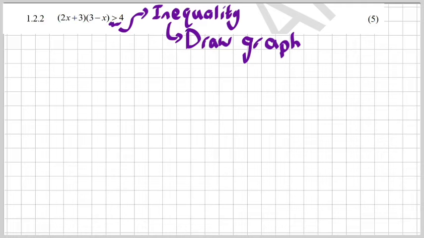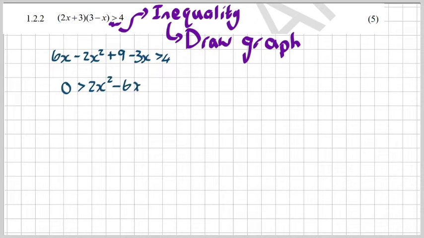For me to draw the graph, I first need to actually know what kind of graph we are working with. So let's distribute those brackets out, and I've got a quadratic equation. For quadratic equation, remember, I need a 0. I took everything to the right-hand side.